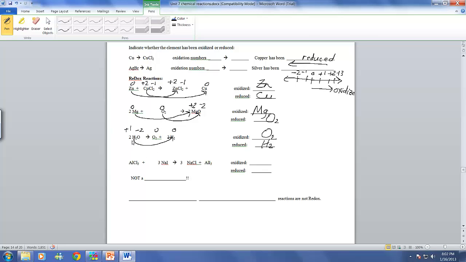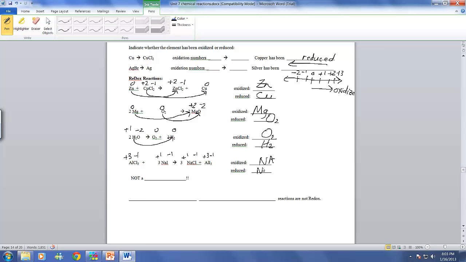Okay, what's this? This is a double replacement. Aluminum +3, chloride -1, iodide -1, sodium +1, chloride -1, sodium +1, iodide -1, aluminum +3. What changed? Nothing. Nothing changed.